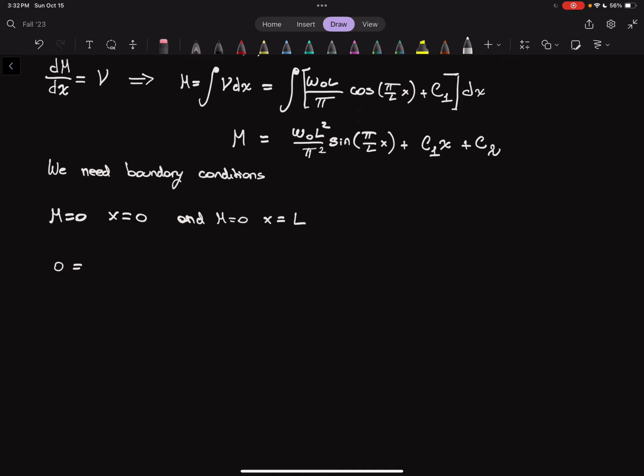So 0 is equal to w naught times L squared divided by pi squared times the sine of 0 plus C1 times 0 plus C2.